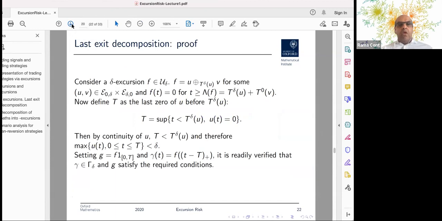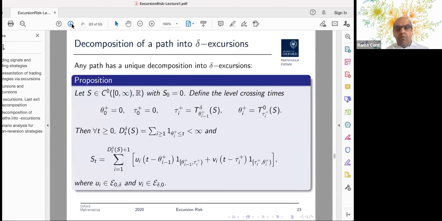Anyway, let's forget this for a moment. I'm not going to use this last exit decomposition until Wednesday, but the interesting thing now is this. We showed that these strategies correspond to trade cycles, which occur exactly when we go from 0 to delta and delta to 0.